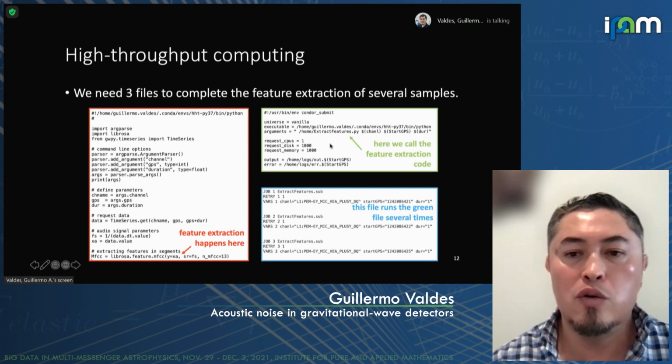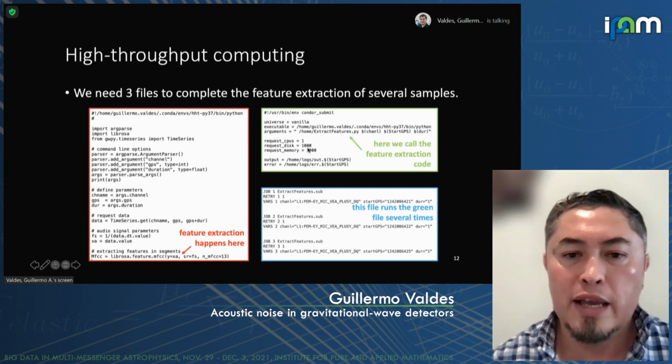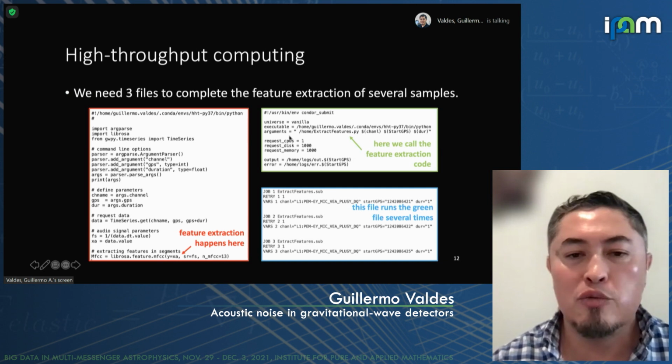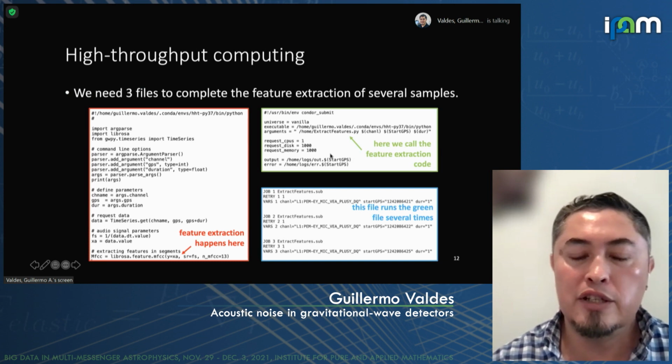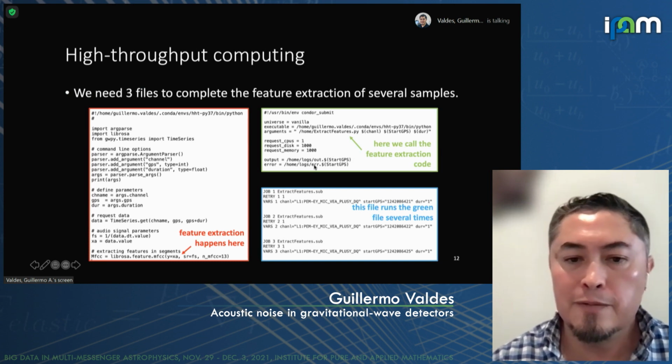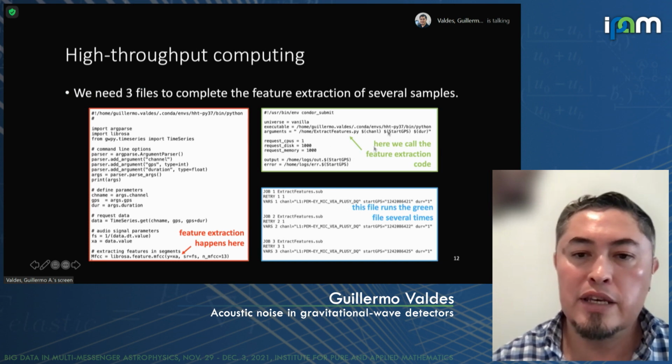Then you have this other code in which you are calling the original feature extraction code. Basically you are telling the computer this is the amount of memory that we are going to use, save the data in this place, things like that. And then you have one more code that runs this several times.